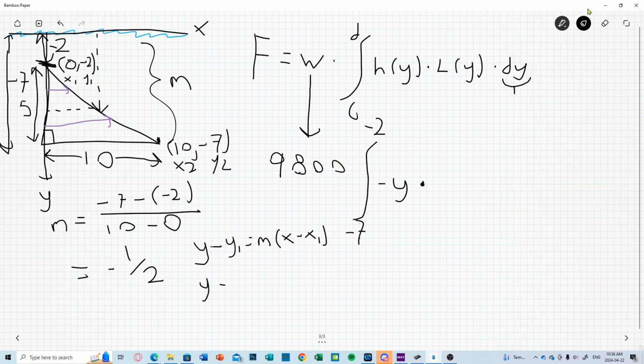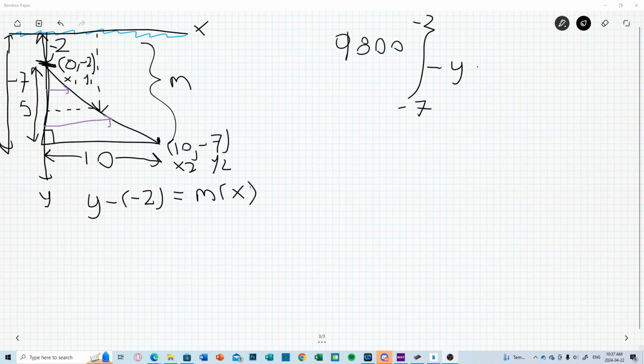So it's going to be y minus negative 2 is equal to negative 1/2, and this is nice and easy because x1 is just 0, so it'll just be x. Now I'll just clean this up. Okay, so this is just going to be y plus 2 is equal to m times x.